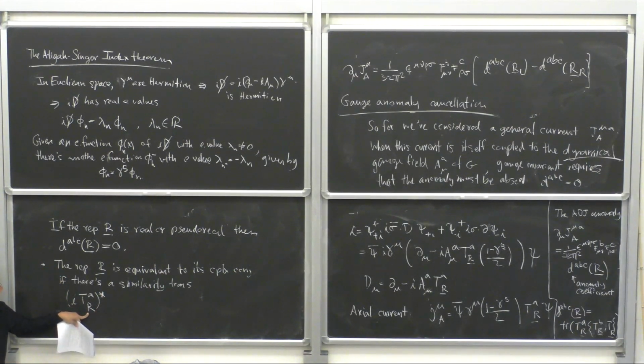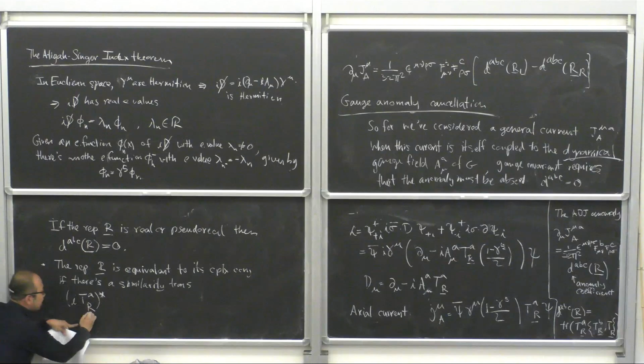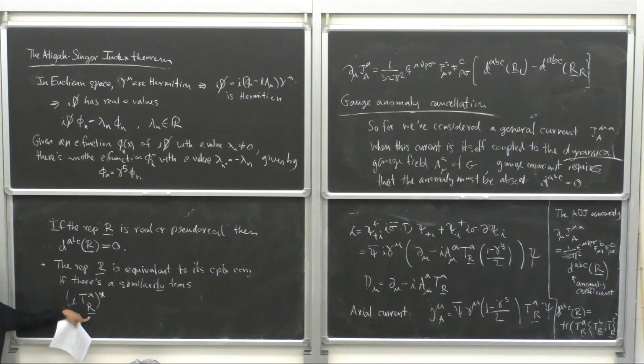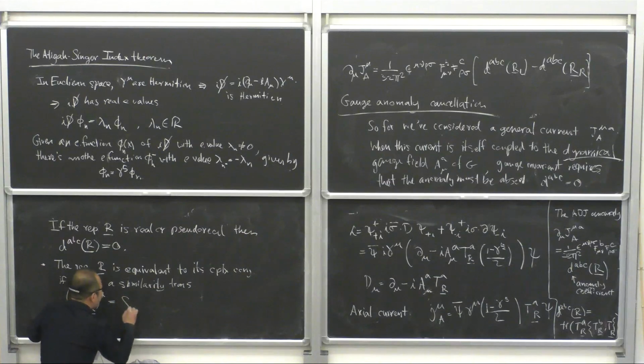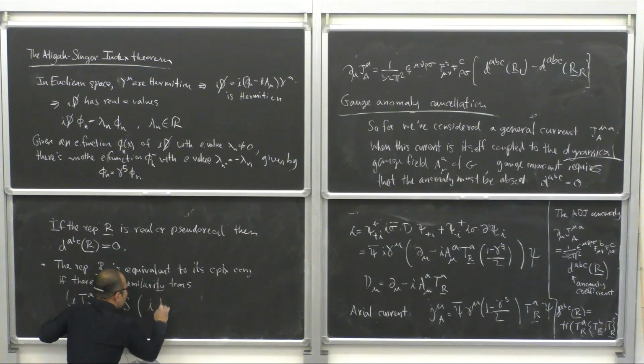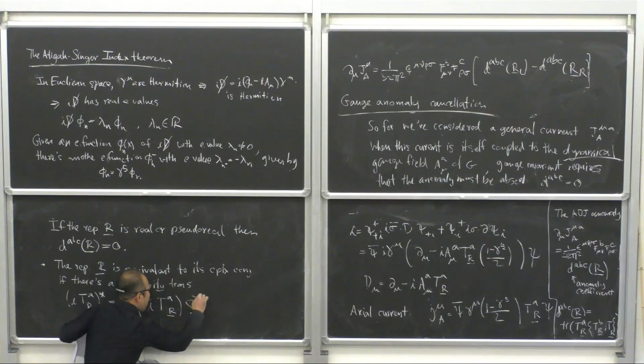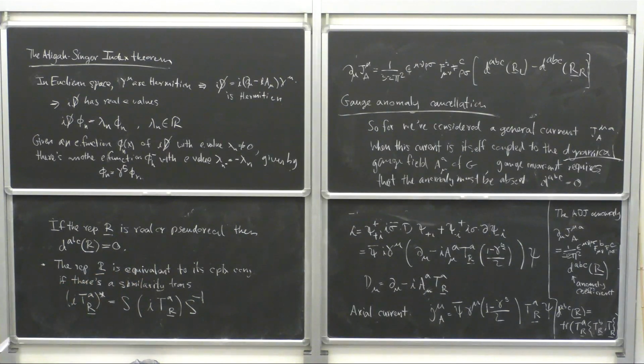Is it clear? So when I take this, this is a generator of the complex conjugate representation. Okay? And if it can be related by this guy to this one, this is a similarity transformation, right?